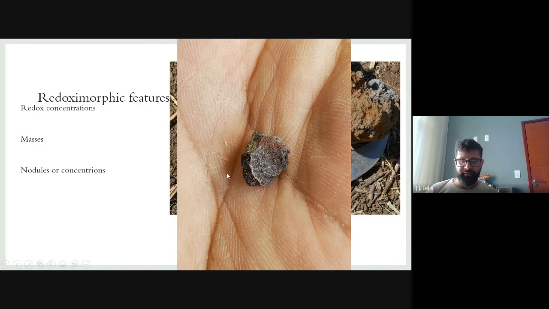We can see some materials like these ones that present a particular individual organization, or individual fabric, that can be easily differentiated from the rest, from the background, from the rest of the horizon or the soil, and did not present a specific organization.